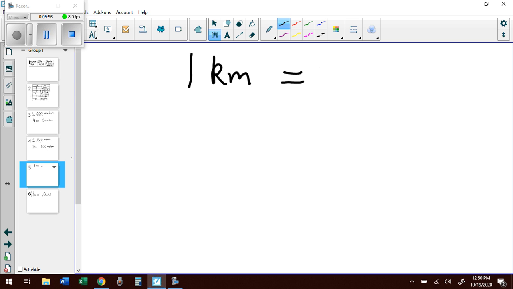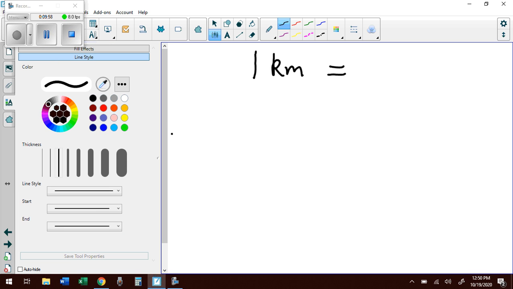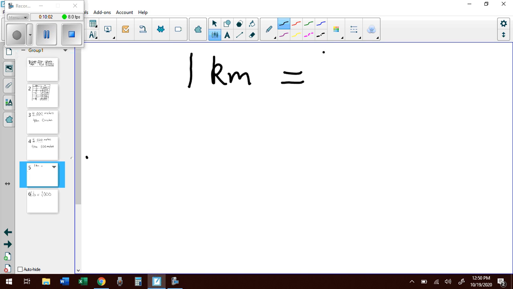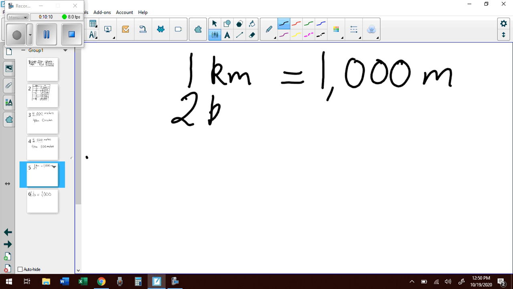Well, you'd rely on your handy dandy chart. 1,000 meters. And 2 kilometers would be 2,000 meters.